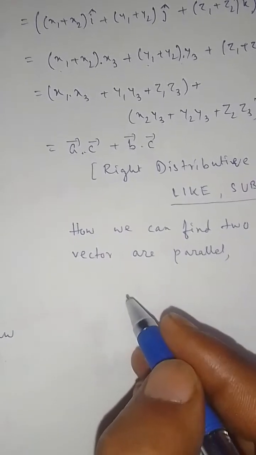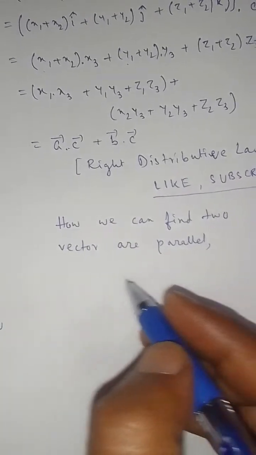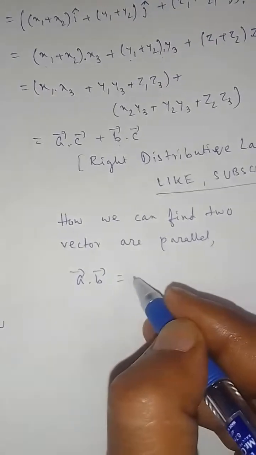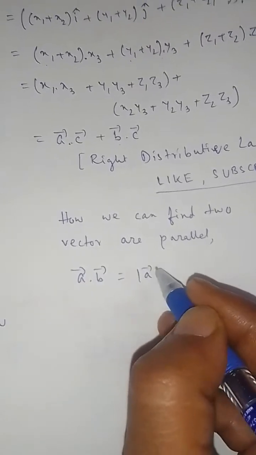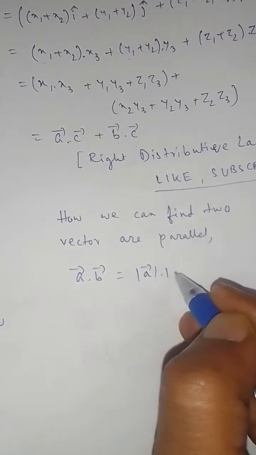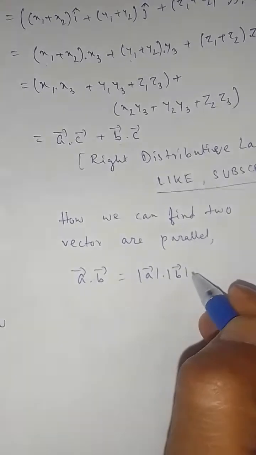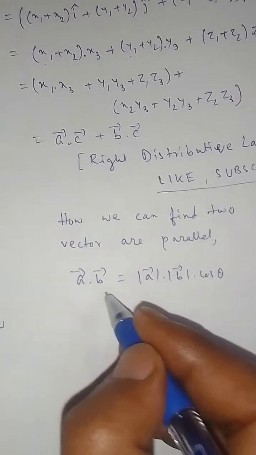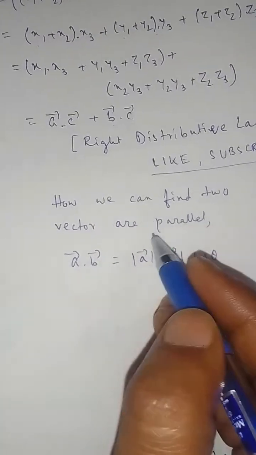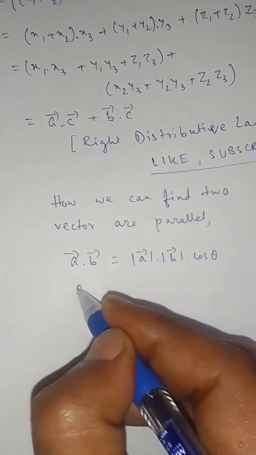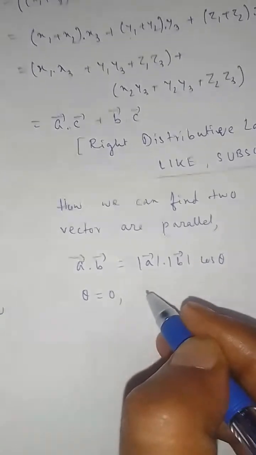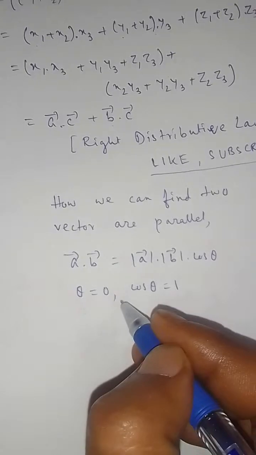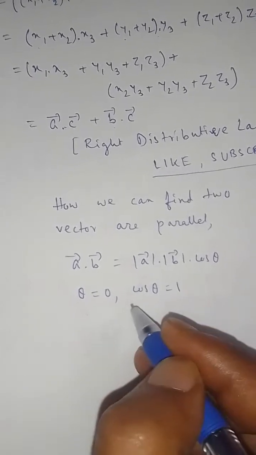So here we know that a vector dot b vector is equal to mod of a vector multiply mod of b vector multiply cos theta. Theta is the angle between these two vectors. So if two vectors are parallel, theta will be 0 and cos 0 will be 1.